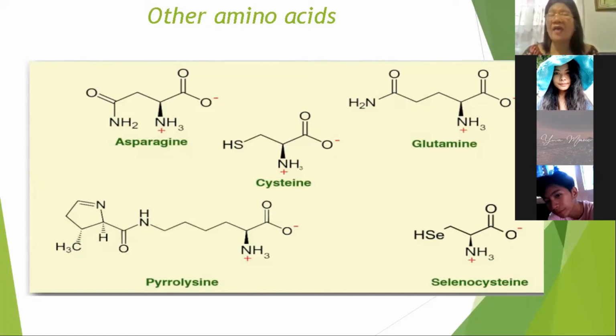That is the asparagine, the cysteine, the glutamine, not glutamic, glutamine, since it has no additional COOH. Then the pyrrolysine and the selenocysteine. So these are the different amino acids.